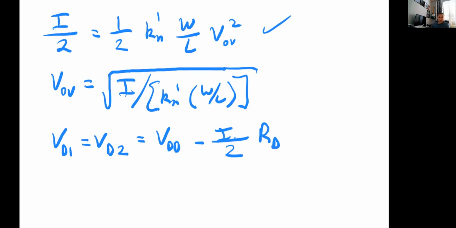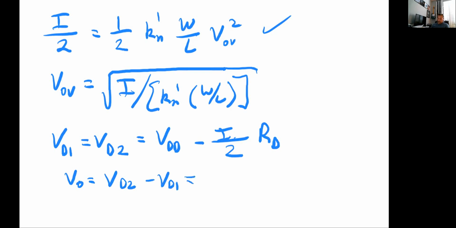And also another observation is that since the output is taken differentially from both drains, we can define our output as the difference of voltage between both drains.